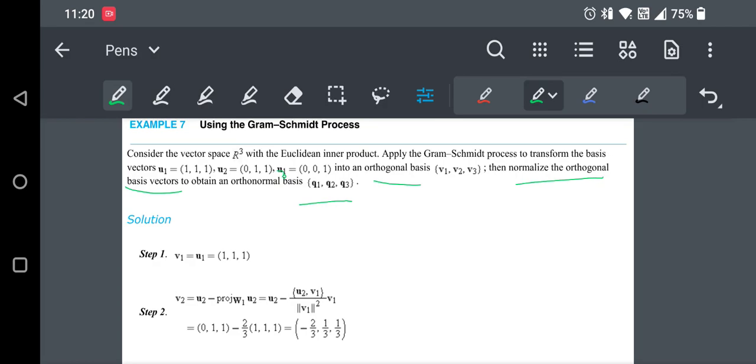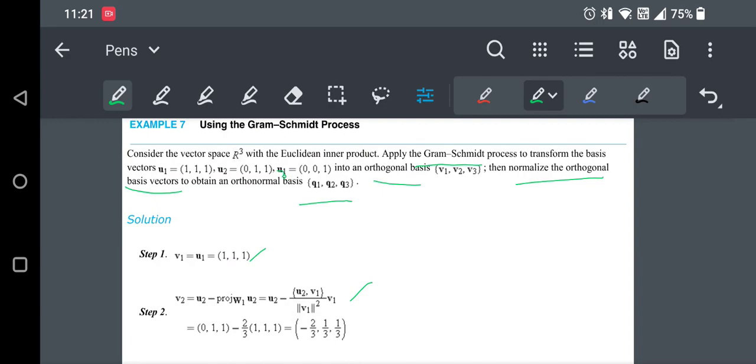Now we need to adopt our Gram-Schmidt process. The first step is to take v1 equal to u1, that is equal to (1, 1, 1). Our next step is to find v2 and v3. To find v2, the formula is u2 minus inner product of u2 comma v1 by norm v1 square multiplied by v1.